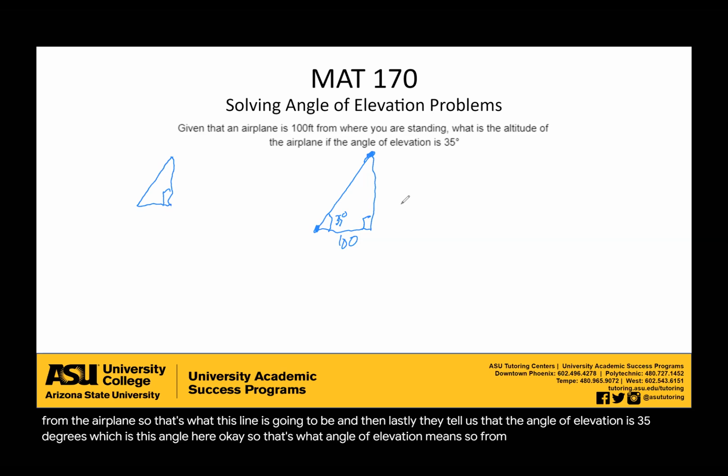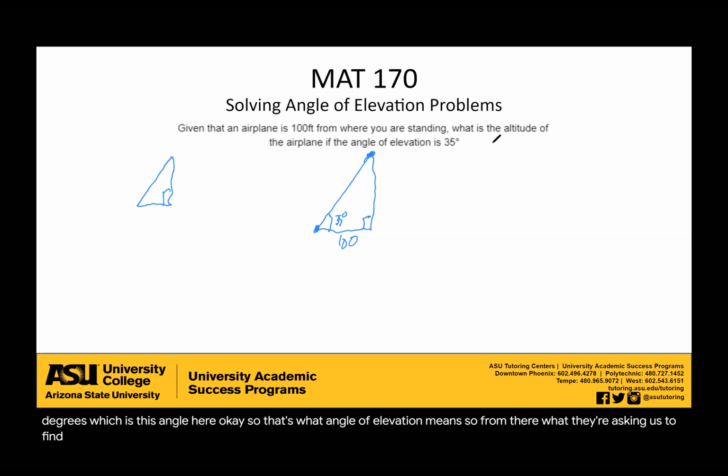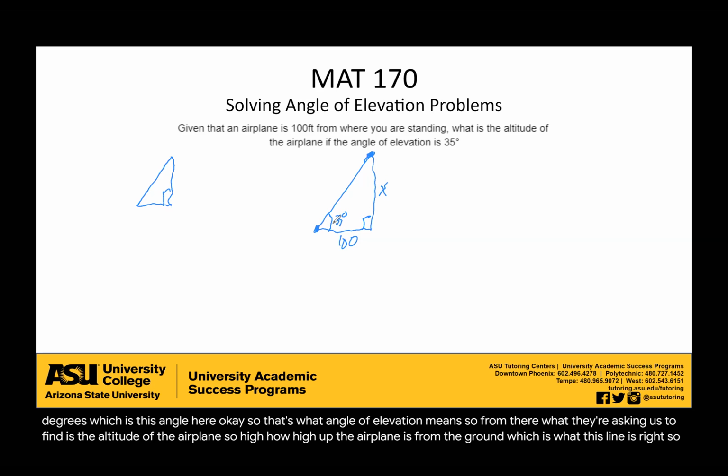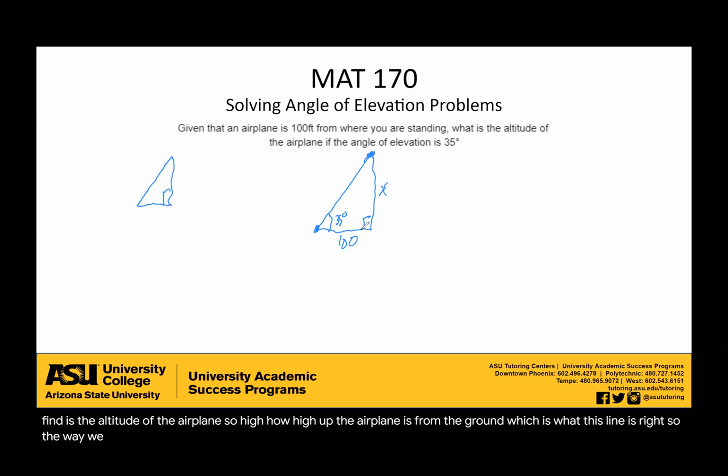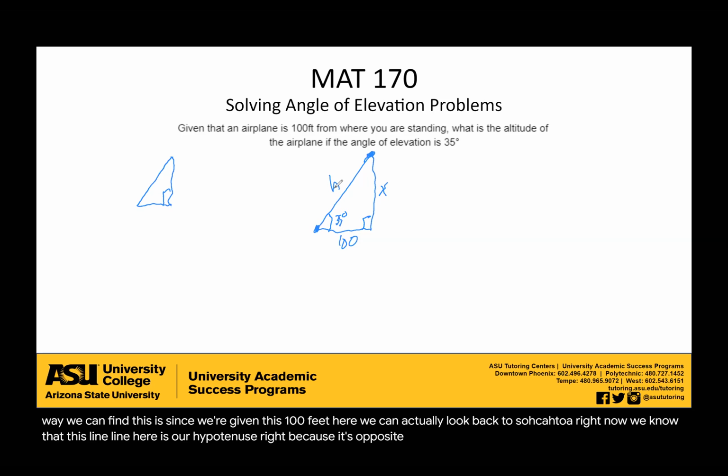From there, what they're asking us to find is the altitude of the airplane, so how high up the airplane is from the ground, which is what this line is. Since we're given this 100 feet here, we can look back to SOHCAHTOA. This line here is our hypotenuse, because it's opposite the right angle.